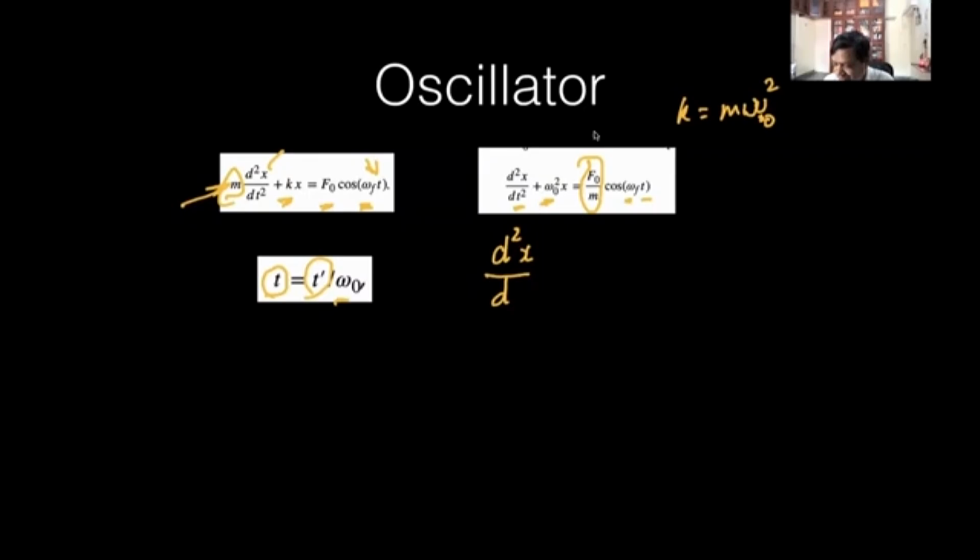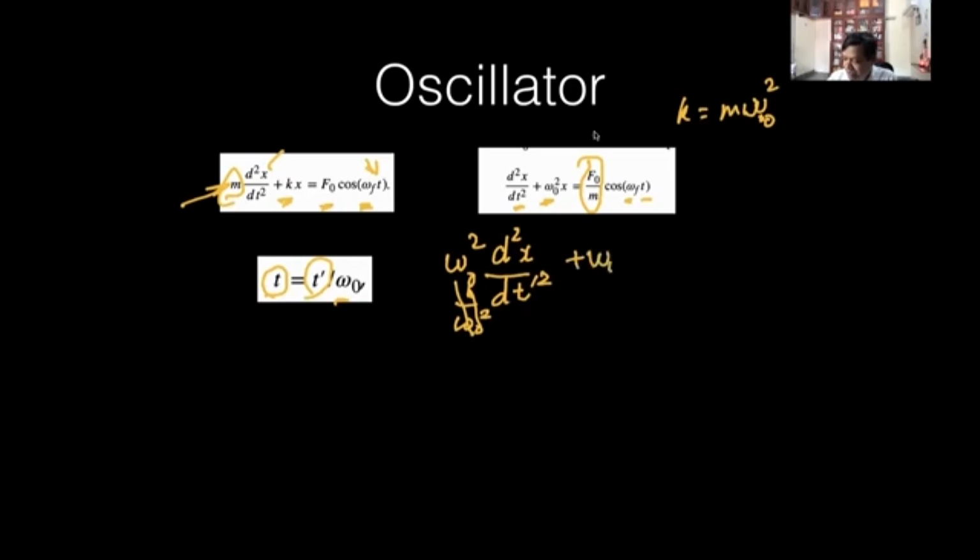With t equal to t prime by omega naught, 1 by omega naught comes here and 1 by omega naught here, squared. I don't want to write 1 by omega naught square, I'll just push it up as omega naught square. So t is now replaced by t prime, and I have omega naught square.